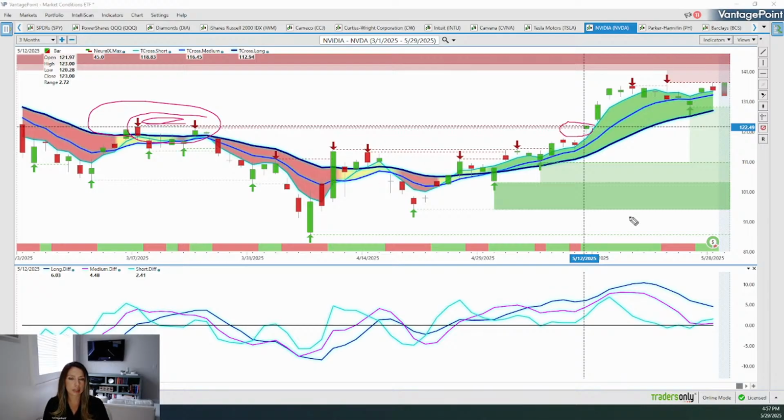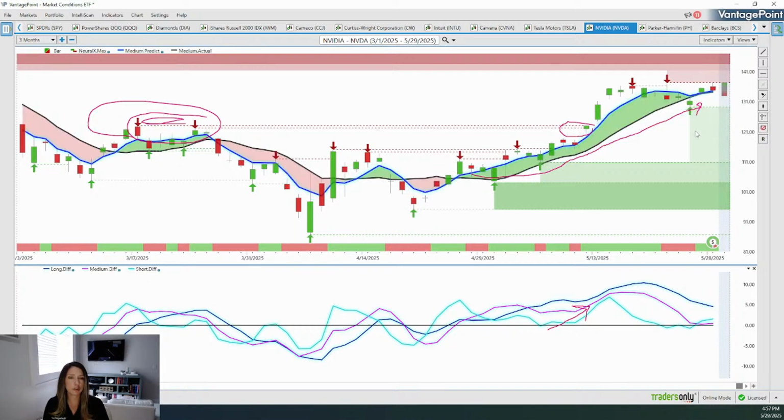Because we can see as we approach that resistance, we have strength coming into that trend. We are in a confirmed bullish trend from our triple cross standpoint. And even if we switch over to our medium term cross, this trend was remaining bullish all throughout. Even against that resistance level, you still had confirmation of a bullish trend.